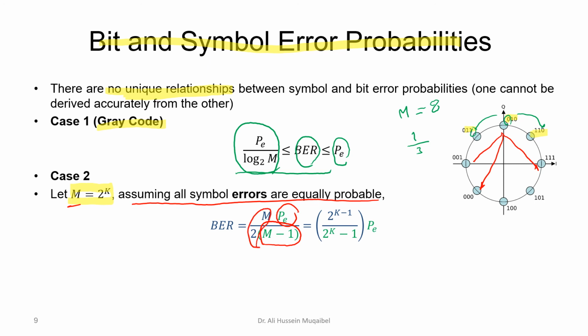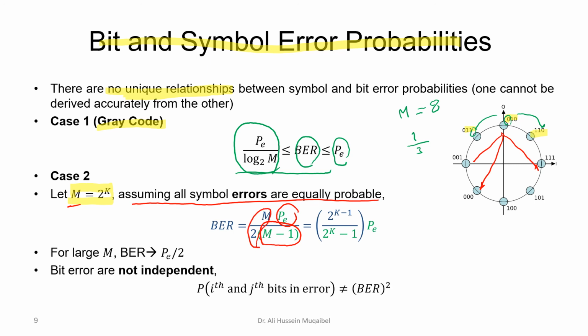We assume that on average half of the bits are wrong, so we can get the following expression. Now in terms of M, this is the expression. In terms of k, here is the expression. As you take the limit for large values of M, this tends to be half. So half of the bits are in error, under this assumption, which is of course a bad assumption. I mean, it's usually much better than this.